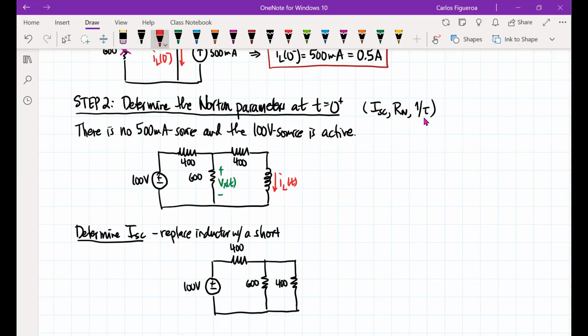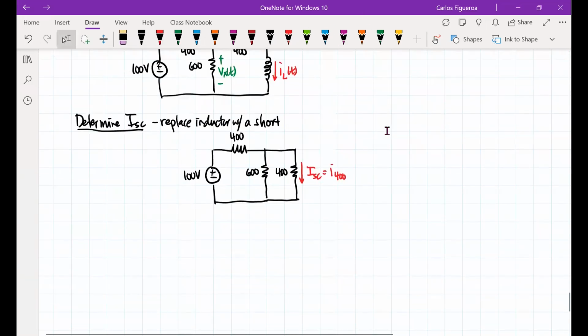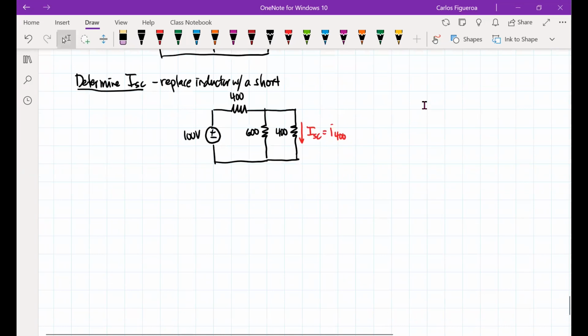And I'm saying that this current right here is I short circuit, which is also the current of that 400 ohm resistor. So now I've got to calculate what that current is. The way I'm going to do that is I'm going to get the voltage across the 400, and then I'm going to use Ohm's law to get the I short circuit.